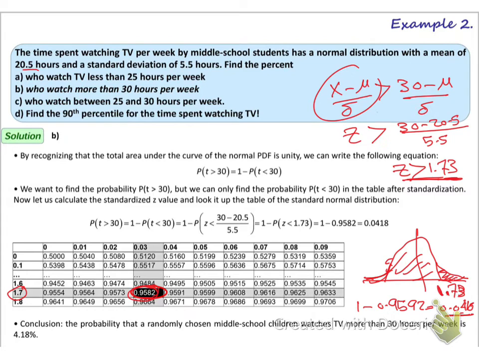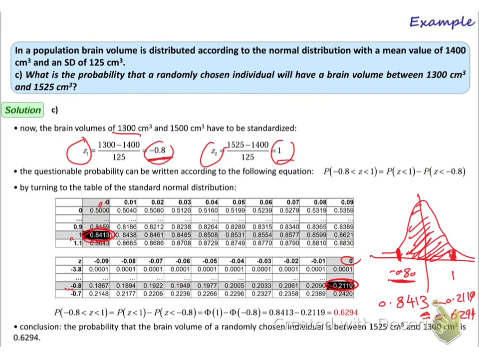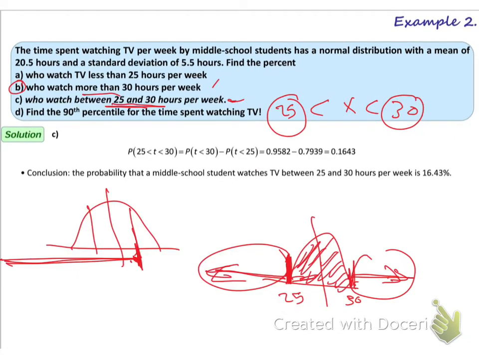So this is up to 1.73 with 30. This is the reading, 1.73. Or if you want to calculate it, you can calculate it to avoid any confusion. I think it is better to calculate it, because I don't want to lose marks unnecessarily.